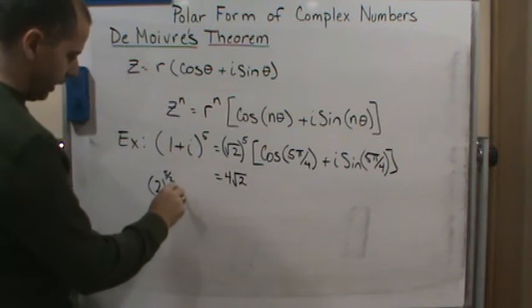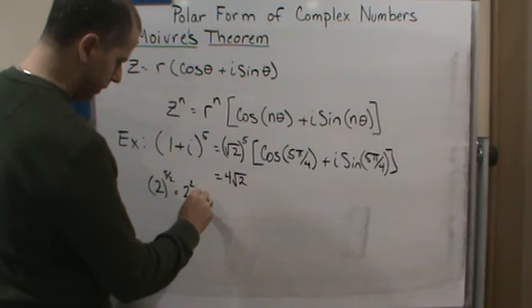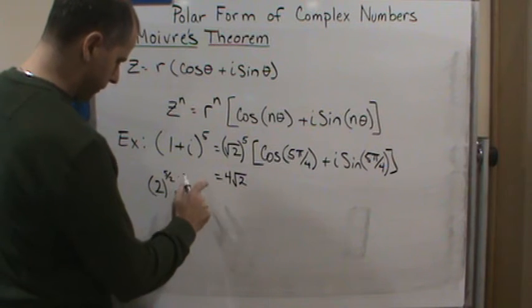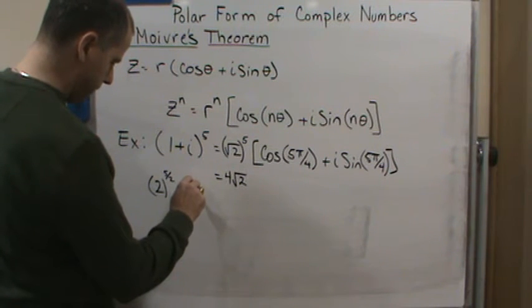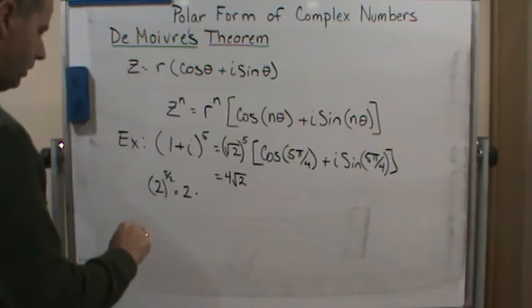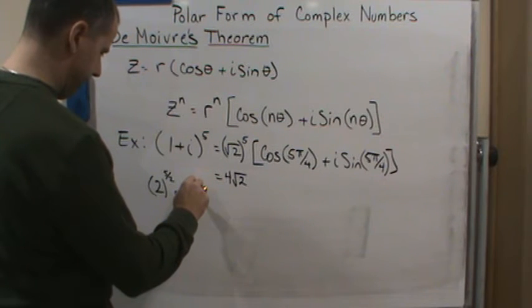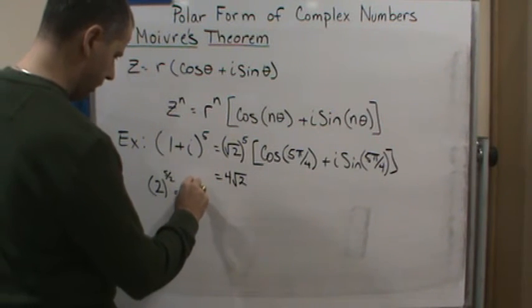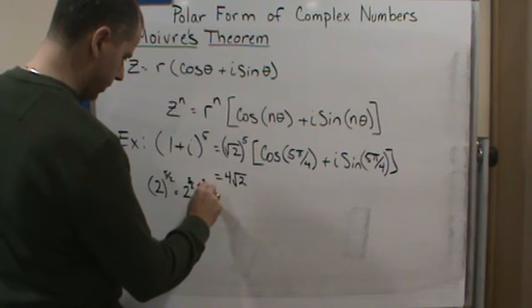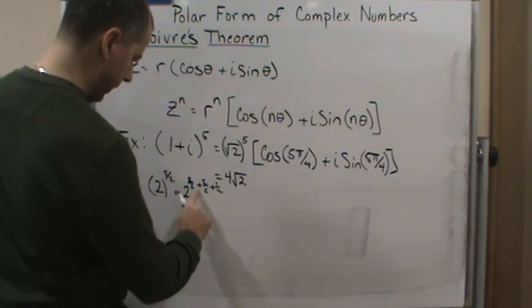Let's write it this way: the exponent is 2/2 plus 2/2 plus 1/2.